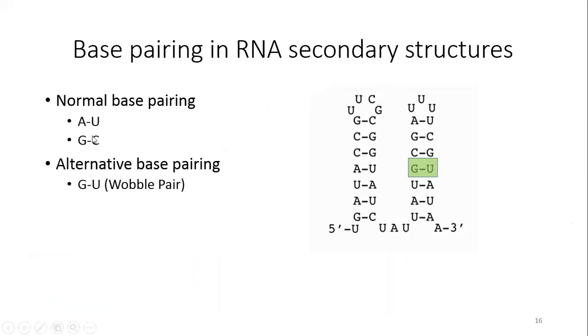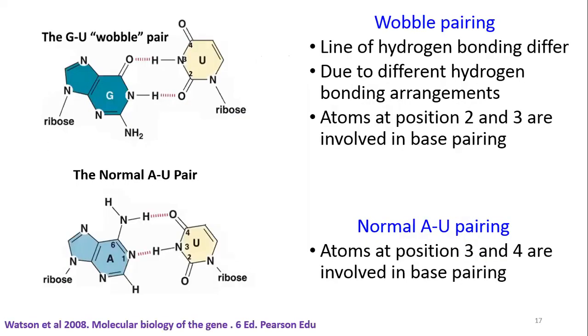Normally A would pair with U and G would pair with C. But along with this normal base pairing, you also have alternative base pairing wherein G would base pair with U, and this is what we call the Wobble pair. It is not only the Wobble pair that is unusual. There are also other types of unusual base pairing which we are going to deal with in a little time.